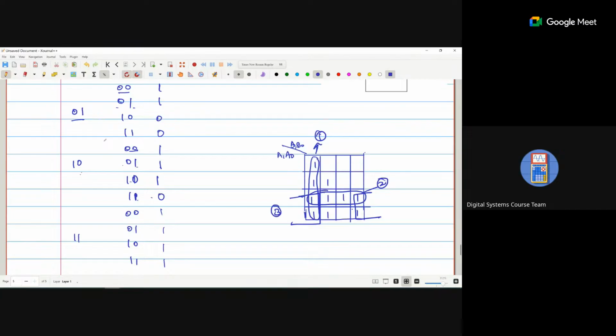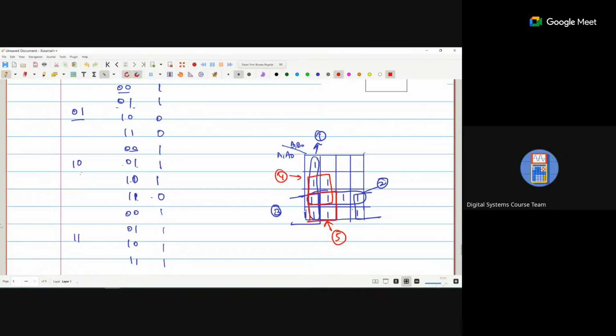Group third, these four. Group four, and these four group. So total 5 terms are available, and every term has 2 variables.